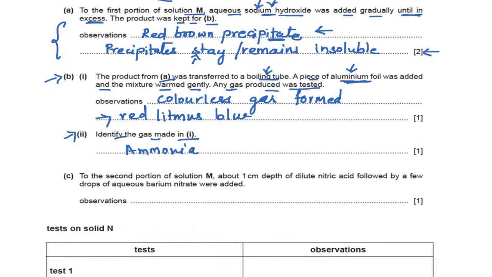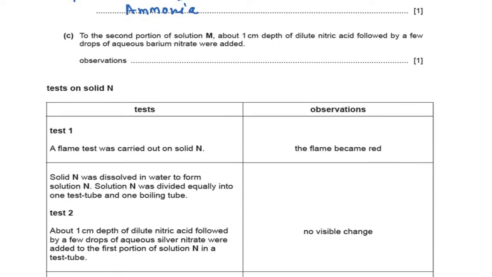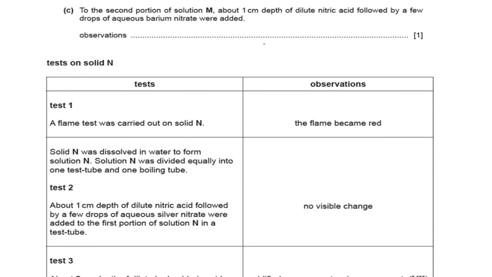Now let's go ahead with the next part of the question, which says that to the second portion of solution M, about 1 centimeter depth of dilute nitric acid followed by a few drops of barium nitrate were added. Now this is a test of sulfate ions, SO4 2-.